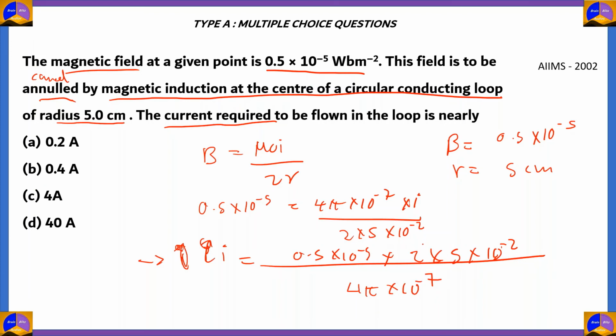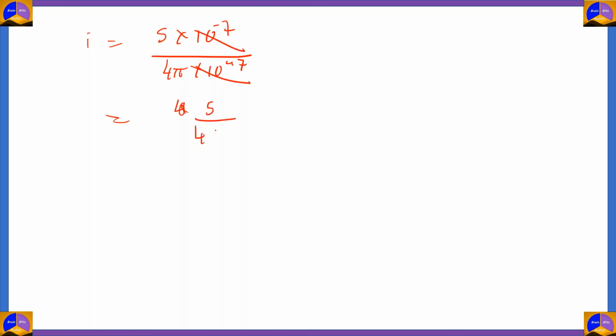So what is the next step? Well, 2 times 5 will give you 10, and 10 times 0.5 will give you 5. So the value of I will be equal to 5 times 10 raised to minus 7 divided by 4 pi times 10 raised to minus 7. Both of these get cancelled. So we have 5 divided by 4 pi.